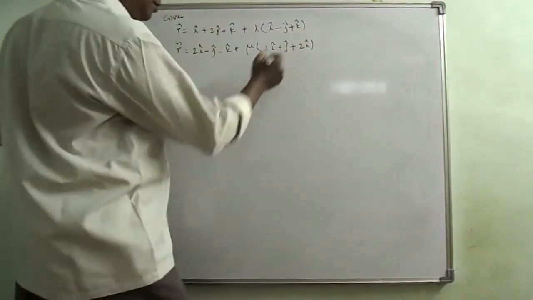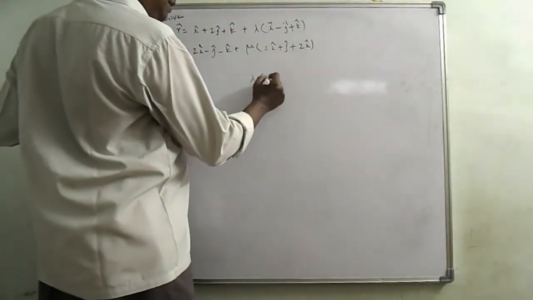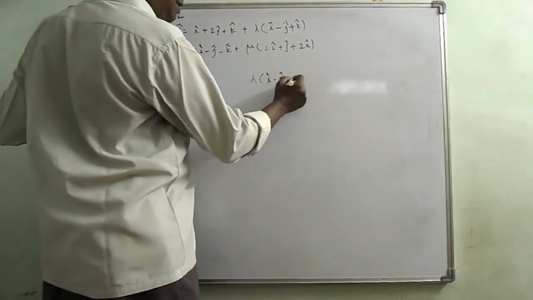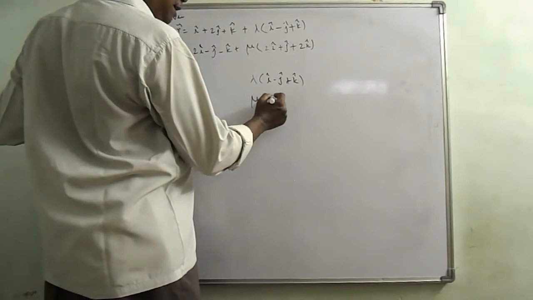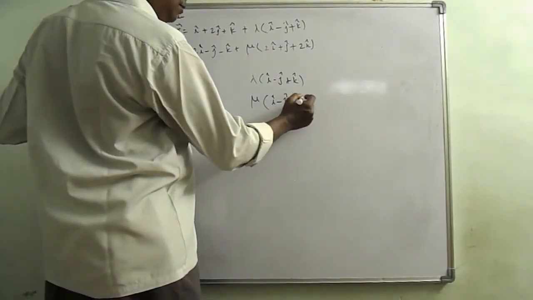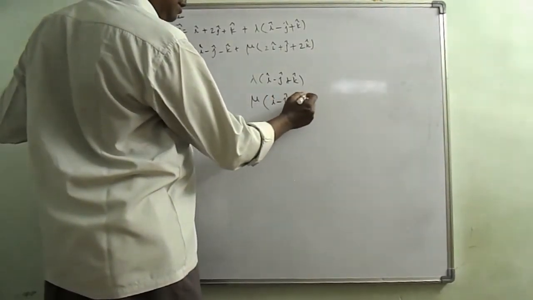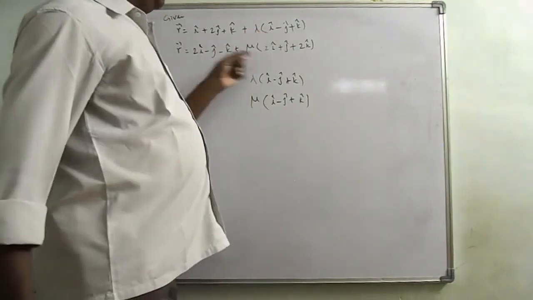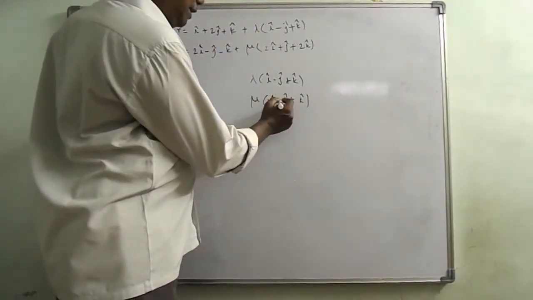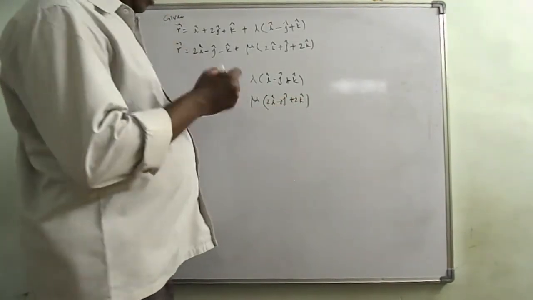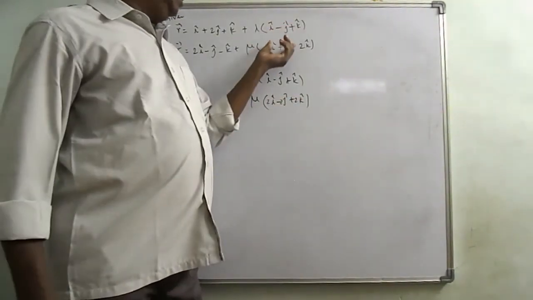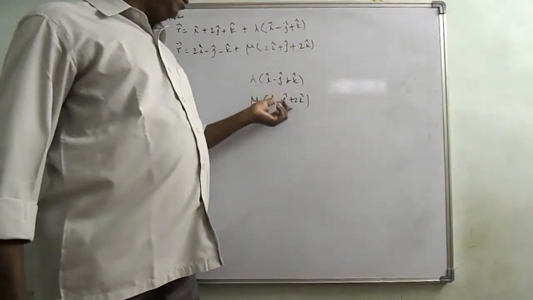For example, if they are the same, it would be lambda into i cap minus j cap plus k cap, and in the second it should be i cap minus j cap plus k cap. If it is like this, they are parallel, or otherwise 2i cap minus 2j cap plus 2k cap. Likewise it can be, that means they should be equal or proportional to each other.